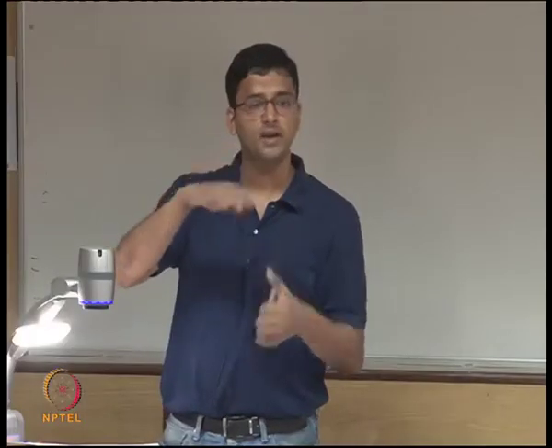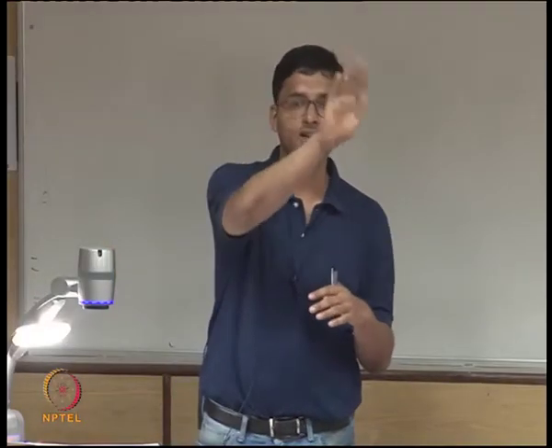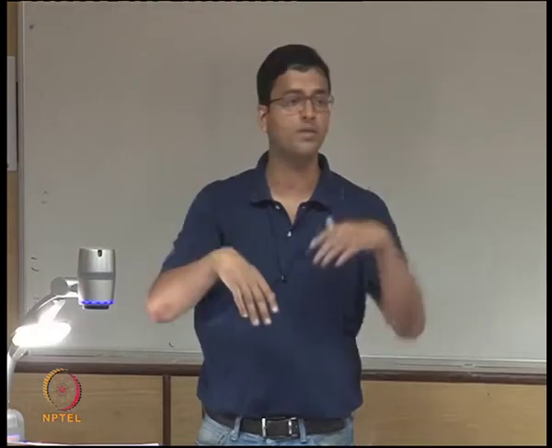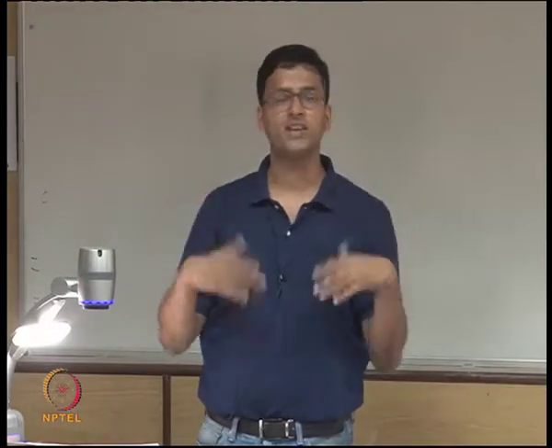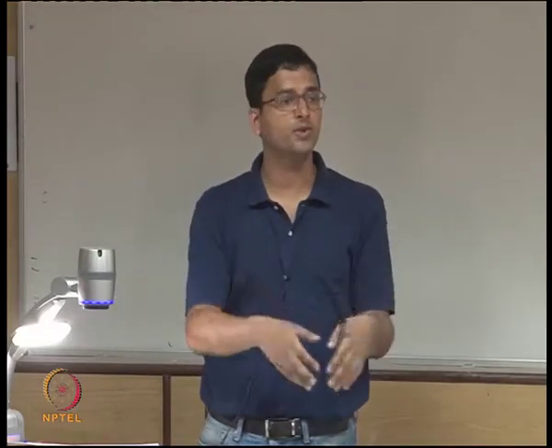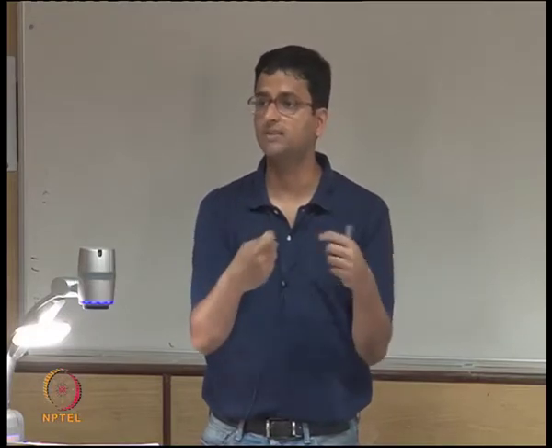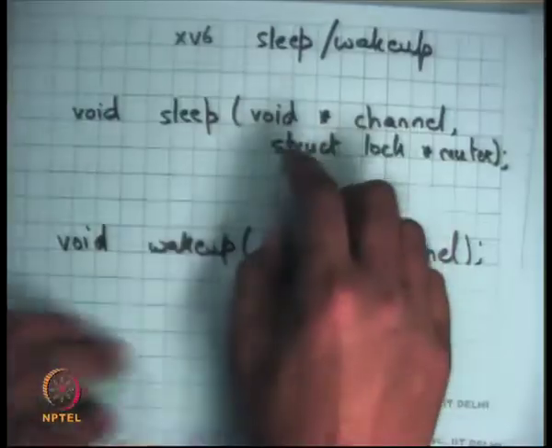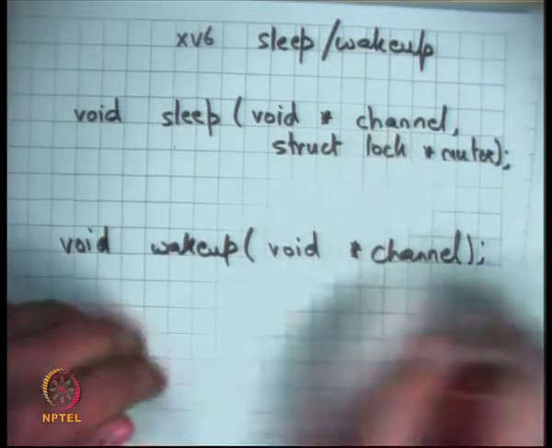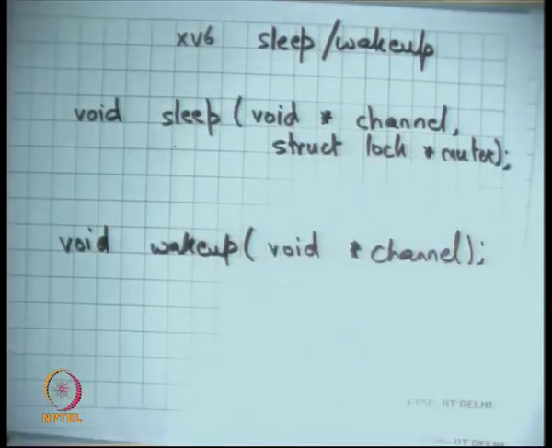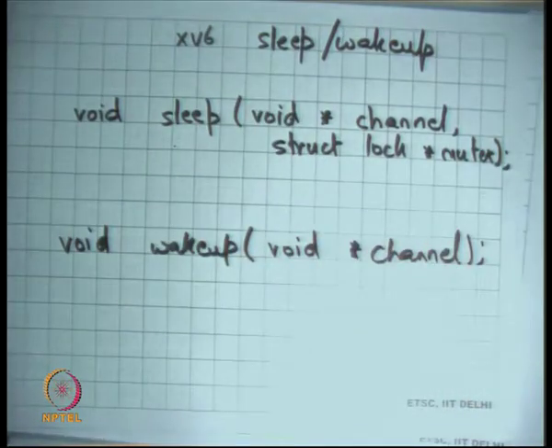So earlier I was declaring a condition variable for the logic, for example not full and not empty. I don't need to declare these variables because they don't have any state anyway, so why am I wasting memory? Instead, let's just use some channel, which is just a number. The condition variable was also just being used as an address, so why don't we just use it as an address?